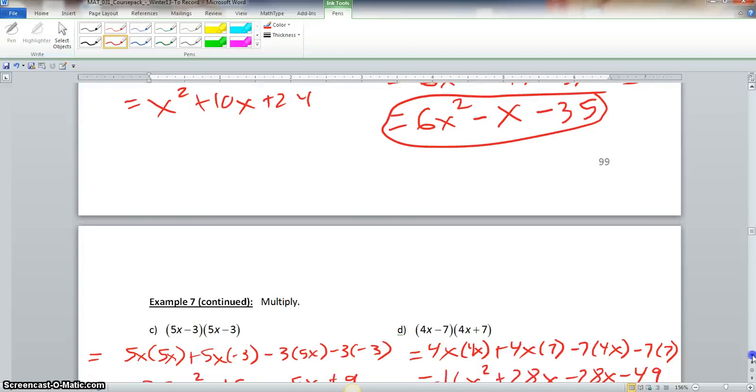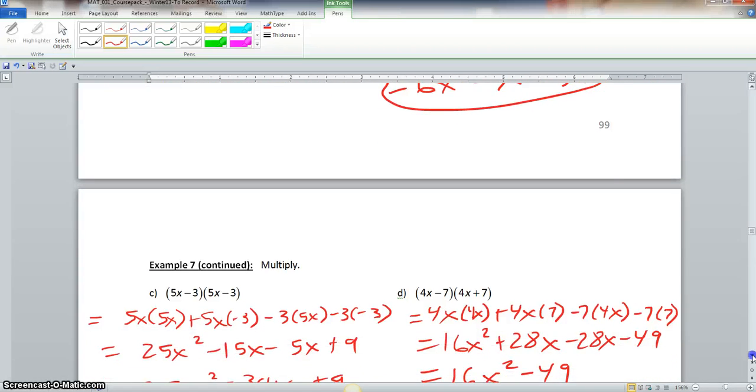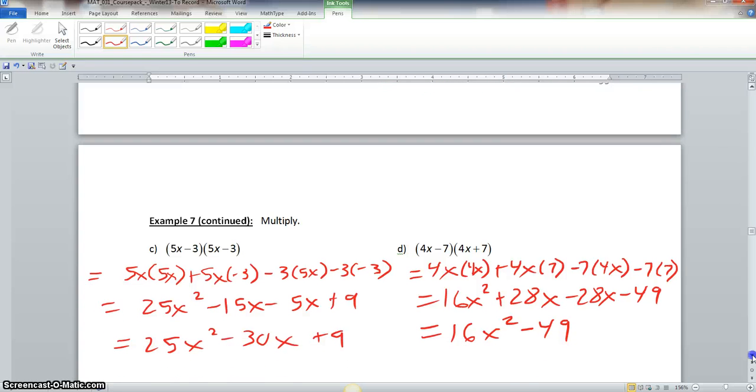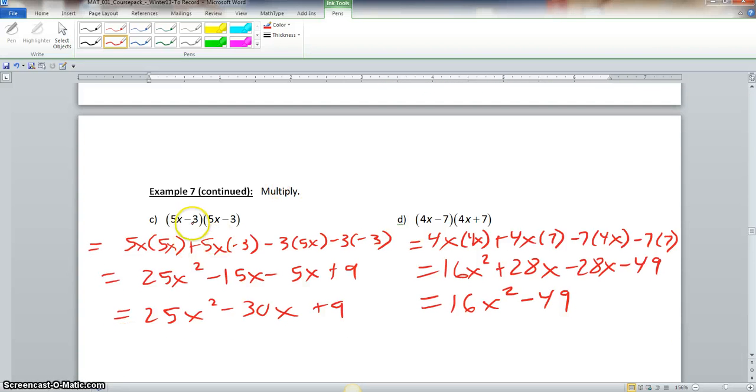Now these I took the liberty of doing as well, like I did with the previous problems. We take 5x times 5x, then we take 5x times a negative 3, then we take a minus 3 times 5x and a minus 3 times a negative 3. 5x and 5x is 25x squared. 5x times a negative 3 will give us a minus 15x.